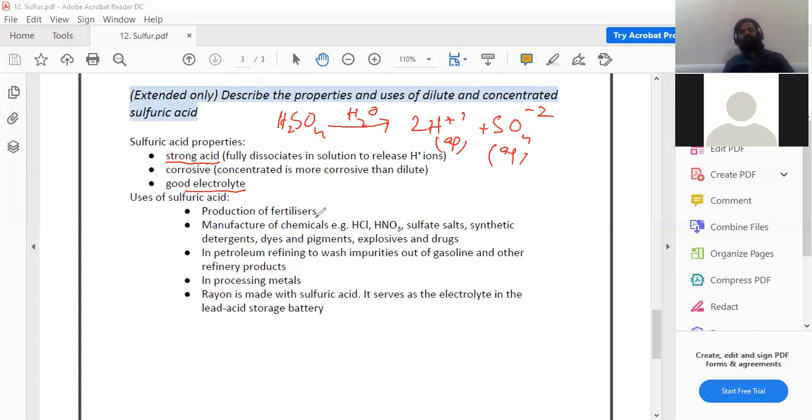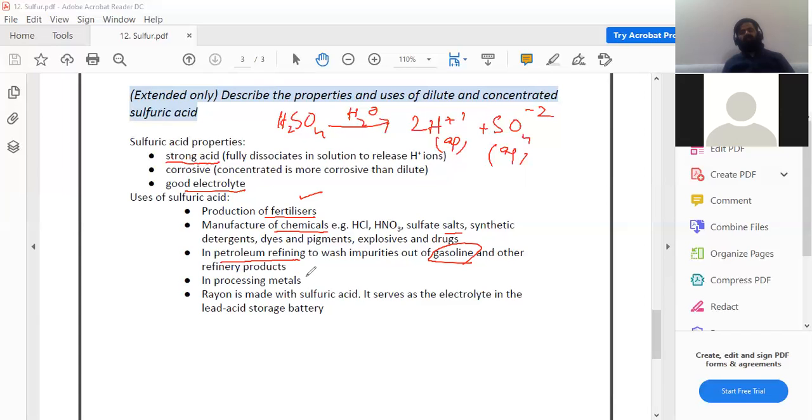So in the manufacturing of fertilizers, to manufacture many chemicals like nitric acid, hydrochloric acid, many salts, and many detergents, dyes, pigments, explosives, drugs, and when the petroleum products are going to be refined, and especially when they are refining gasoline, they also use sulfuric acid.